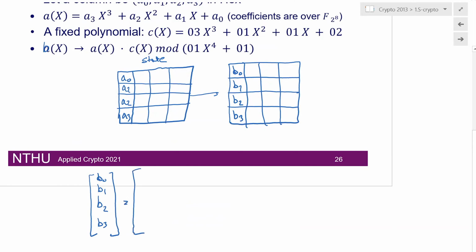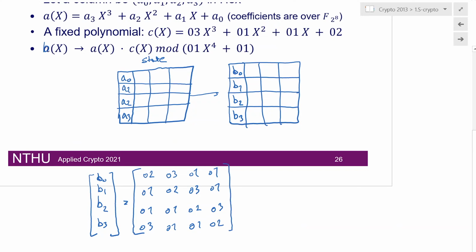There is a fixed matrix with these hex values: 02, 03, 01, 01, then 01, 02, 03, 01, then 01, 01, 02, 03, and 03, 01, 01, 02.